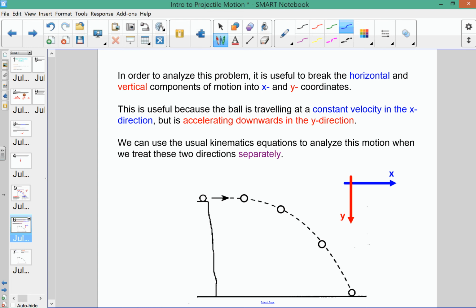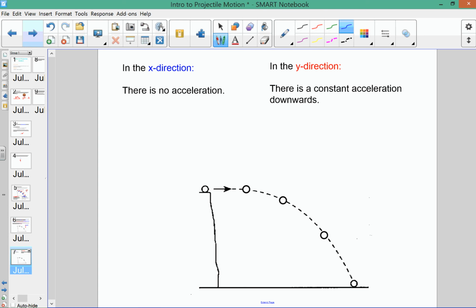So what we can do is we can use our usual kinematics equations, those nice kinematics equations that describe constant acceleration problems, to analyze this motion. Although we have to treat both directions separately because one direction has constant velocity motion while the other direction has constant acceleration motion. So let's just summarize all of the equations we know so far. The easiest direction to analyze is your x direction because it's just constant velocity.